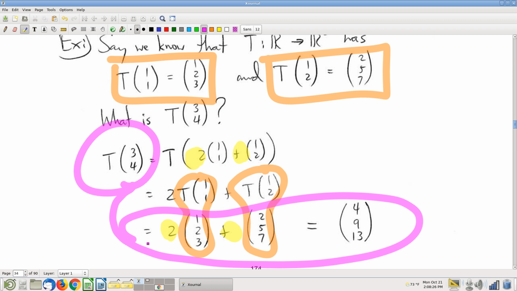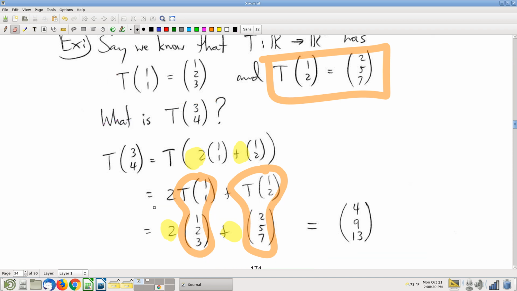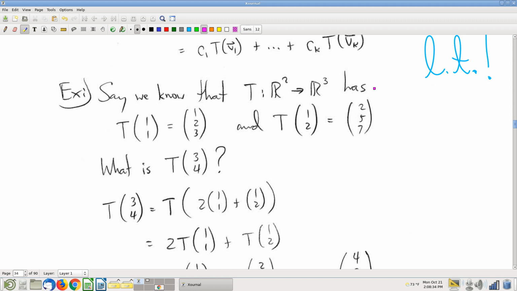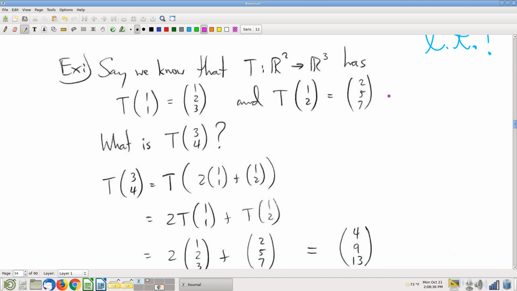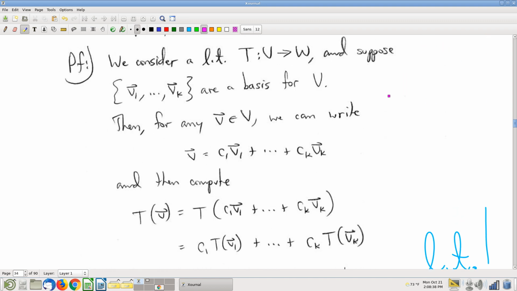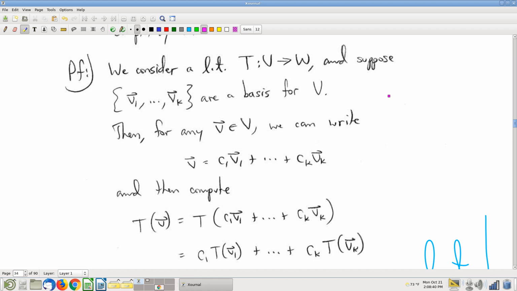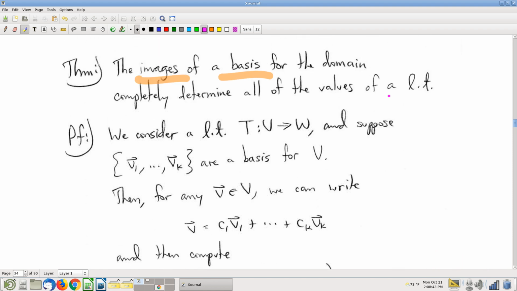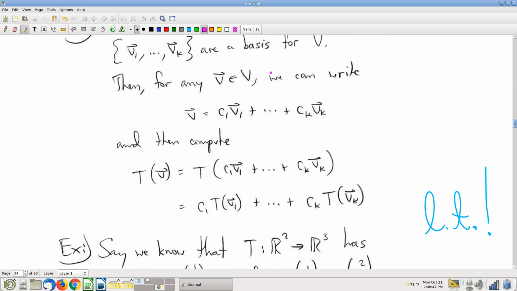Yes? So, in the previous example, in the proof, are you saying that the images were just linear combinations of the vectors in the basis?